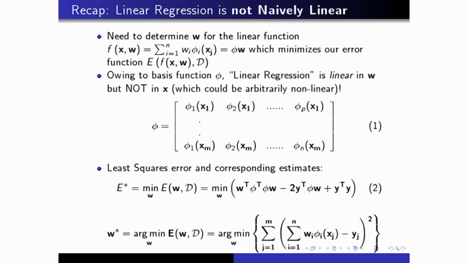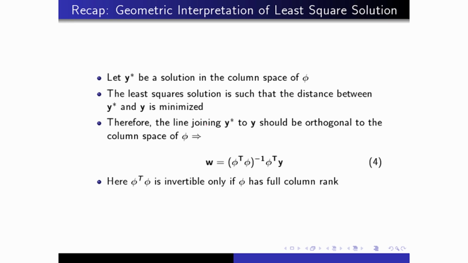We also discussed the least square error minimization, and the minimum corresponds to E star. The corresponding estimate W star that gives you E star was also found with a geometric interpretation.